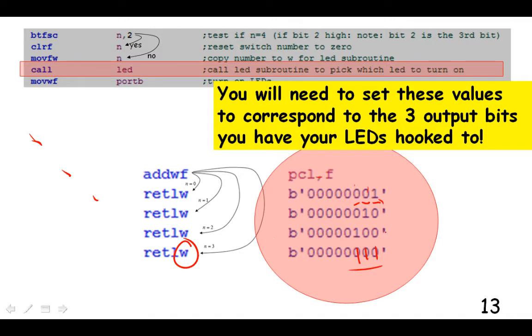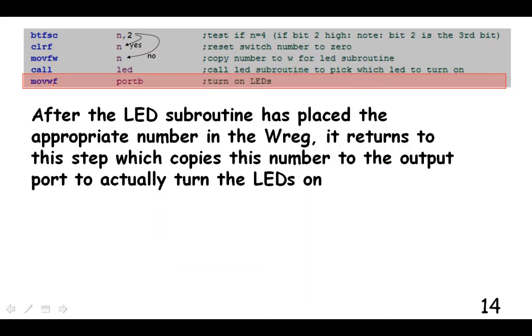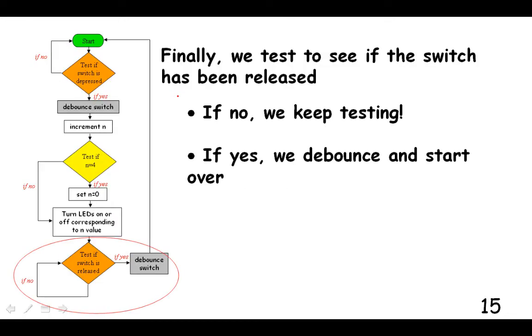So say you wanted yellow to be 0, 1, 0, and your yellow is on that pin. Then it puts yellow into the W register, and then we move whatever's in the W register to port B to turn on the LEDs. It's quite a process. This is machine language.